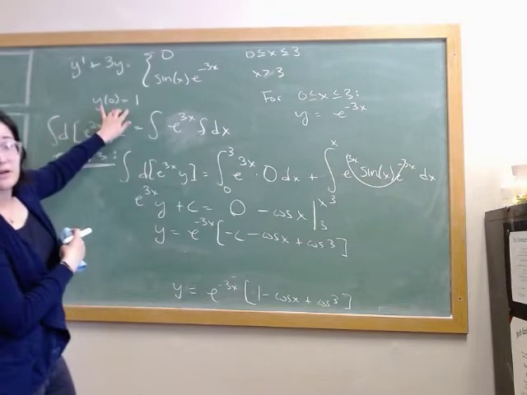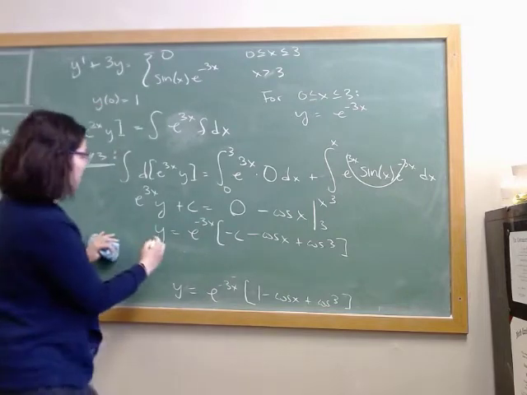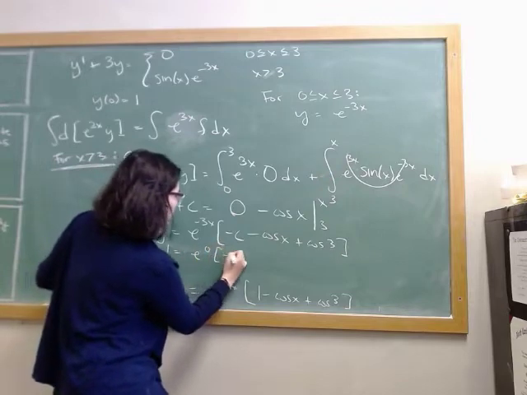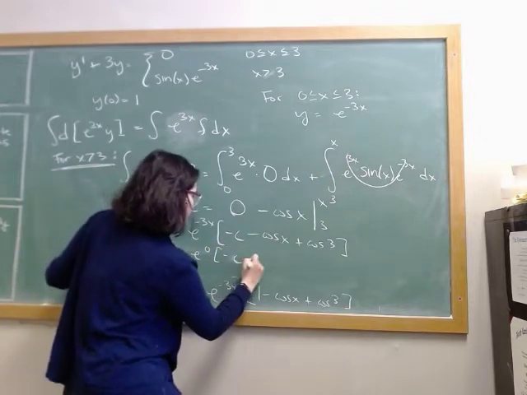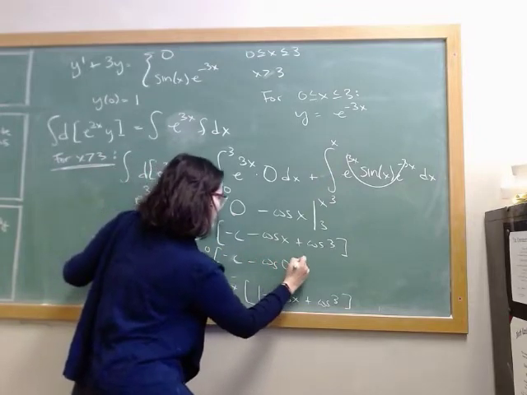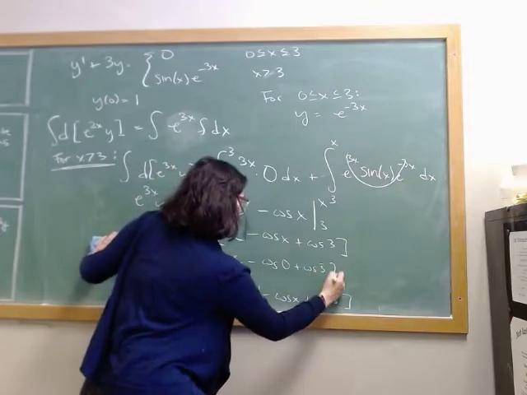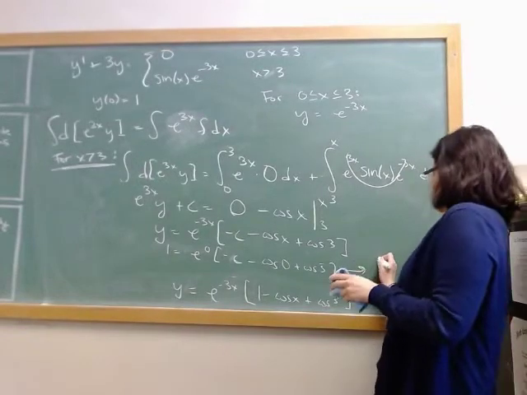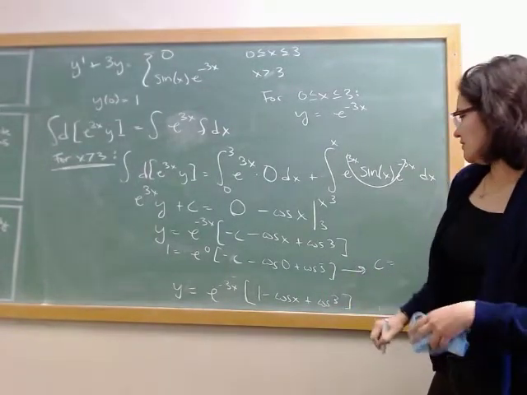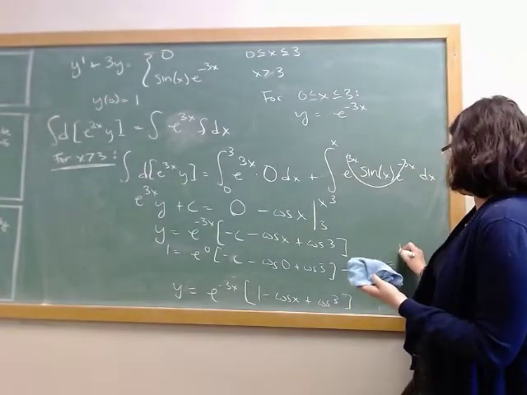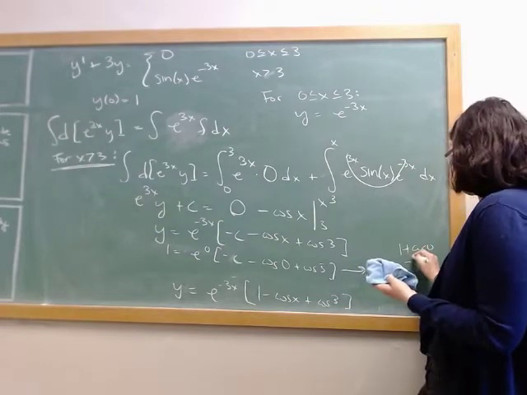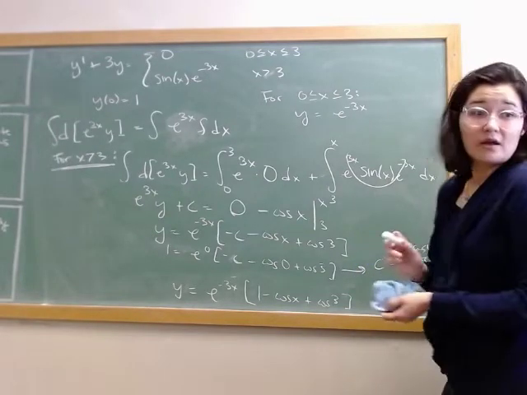I come back up here, y of 0 equals 1. So I say, okay, I should have 1 equal e to the 0 times minus c minus cosine 0 plus cosine 3. And that's going to give you c equal to 1 plus cosine 0 minus cosine 3.